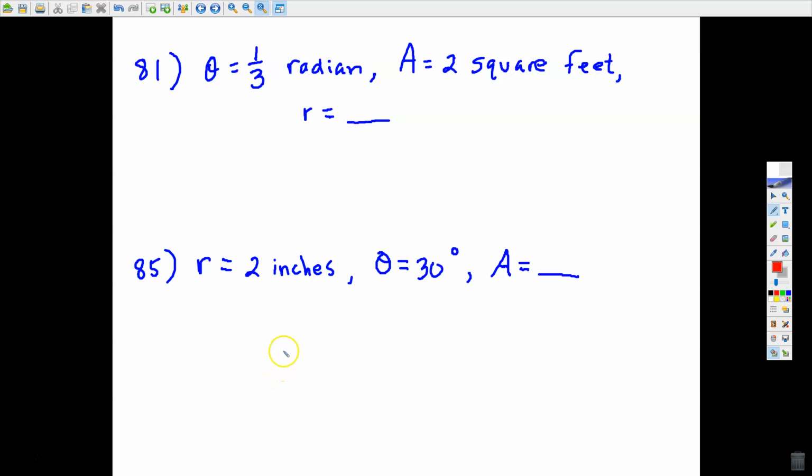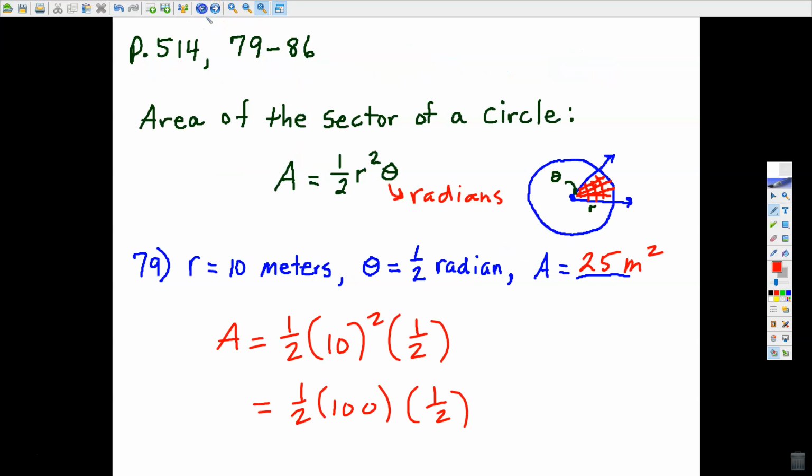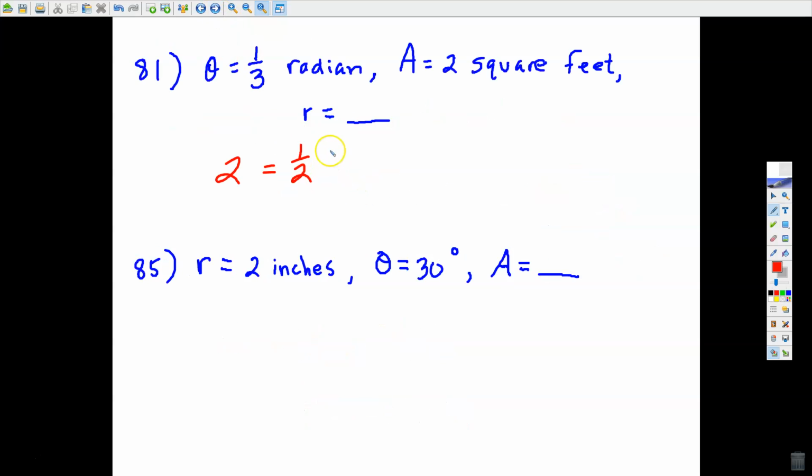Okay. This time we're given that theta is 1/3 of a radian, and the area is given, and we're supposed to find out what the radius is. So our formula is the same formula we used before. It's just that this time we don't know what r is.